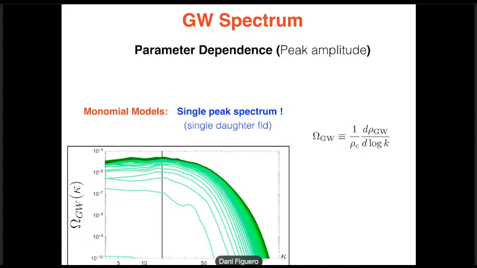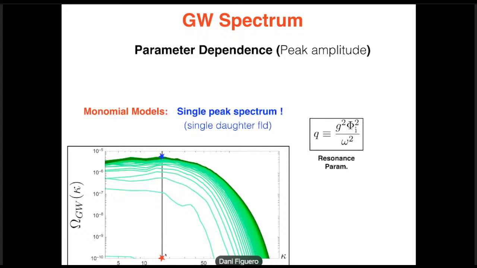This is omega gravitational waves, the fraction of the logarithmic energy density spectrum to the critical energy density at the time of production, versus normalized momentum appropriate for the units of the simulation. And what you see is typically there is a single peak. There is a maximum height, and this maximum peak is located in a given position.